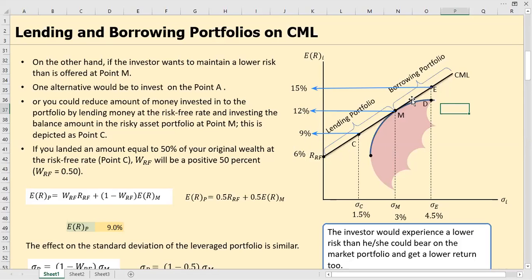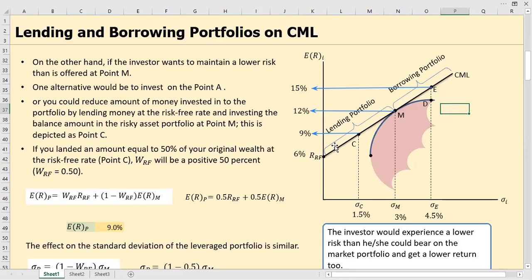So on the other way around, if there is an investor who wants more than market return, he can always go for a borrowing portfolio. Borrowing portfolio means that you will have to borrow some money at the risk-free rate. That means you are going to invest your whole 100 rupees, all of your total original investment, on the market portfolio at 12%.